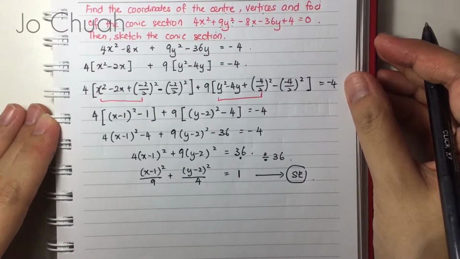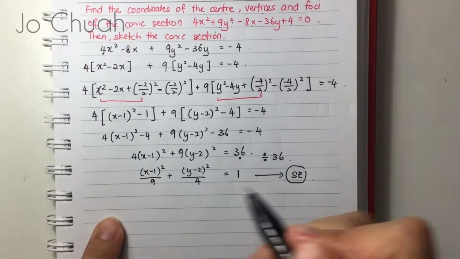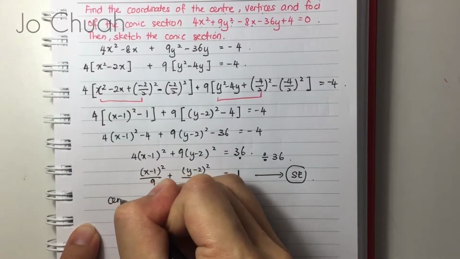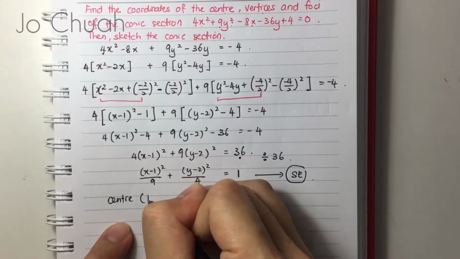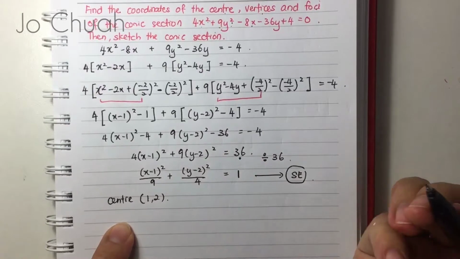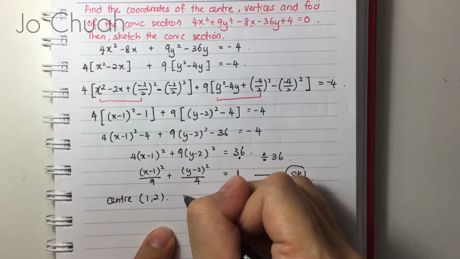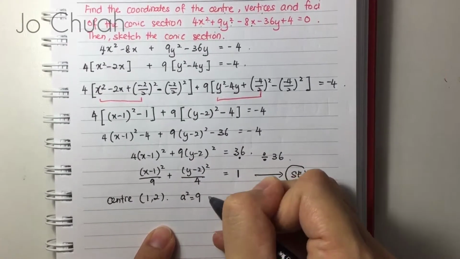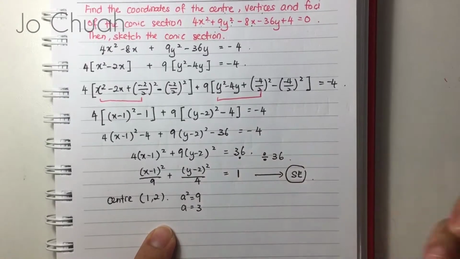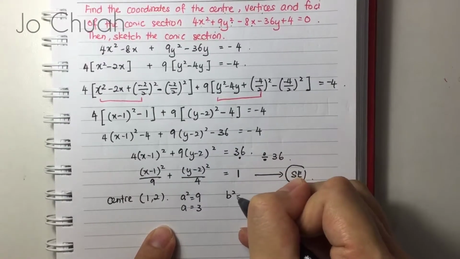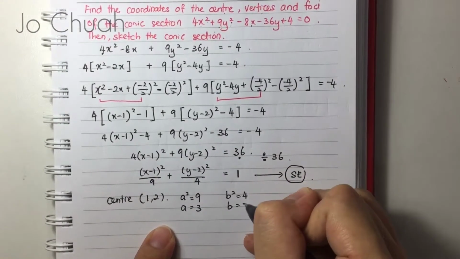Okay? And then you have to recognize the center. It's actually (1, 2). Then this will be a squared. A squared is 9, so a is 3. B squared is 4, so b is 2.